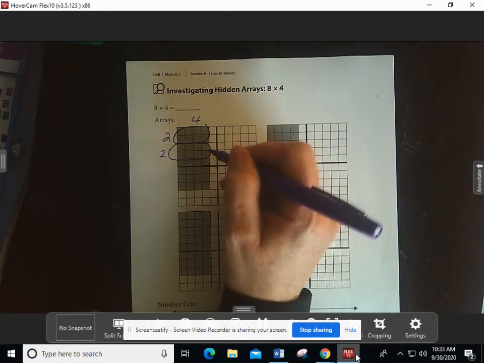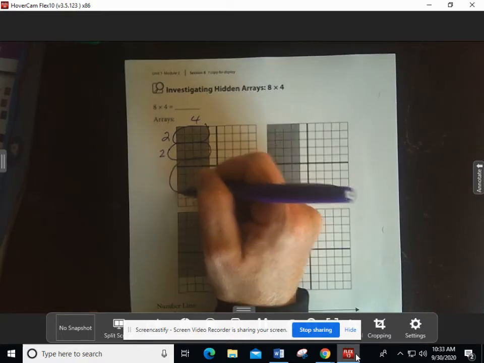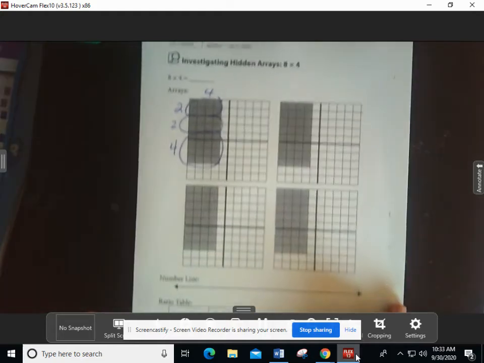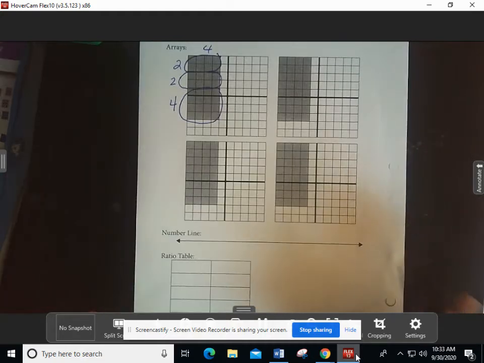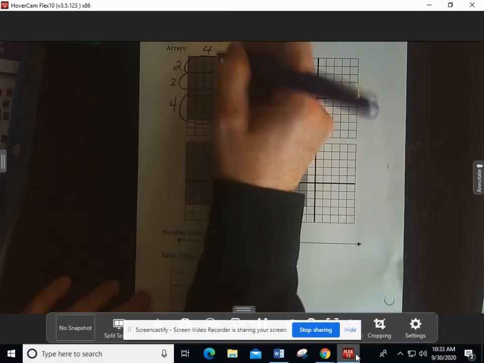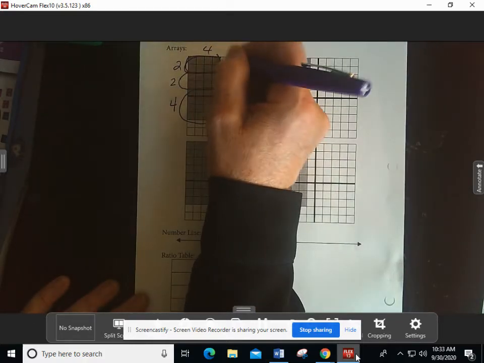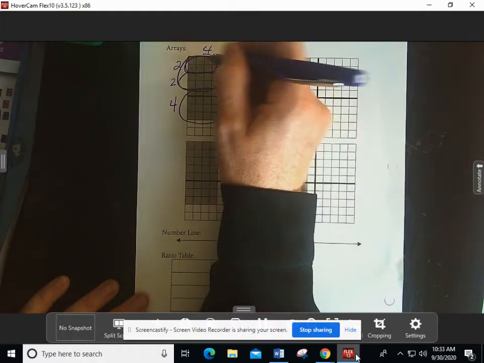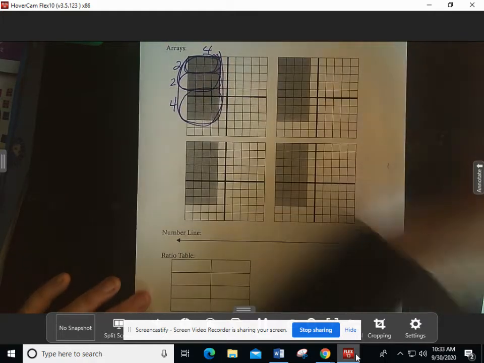And then I can double this again. And 8 becomes a double, double, double. So I want you to think about this as we draw it on our number line. First we have 2 times 4. Then we have 4 times 4. Then we have 8 times 4.